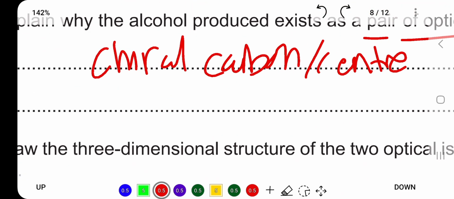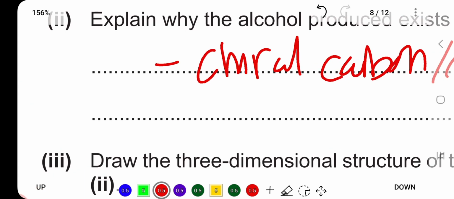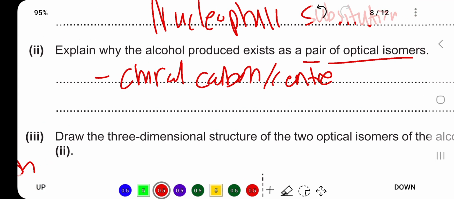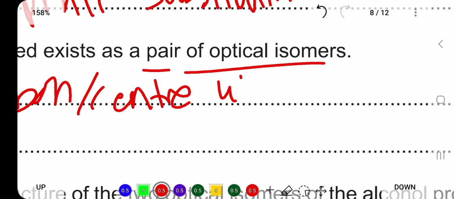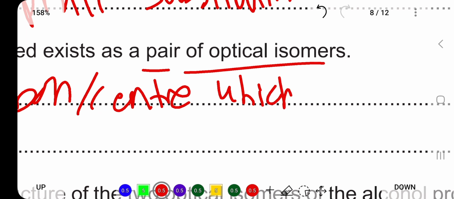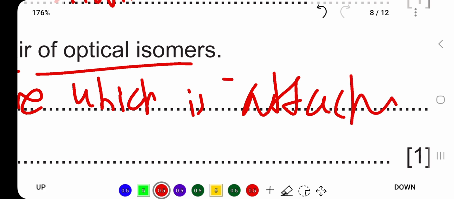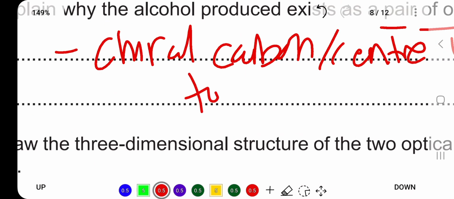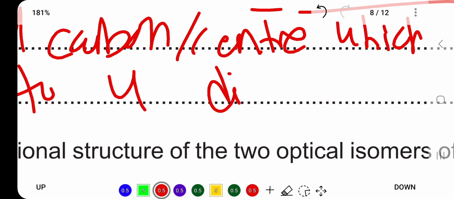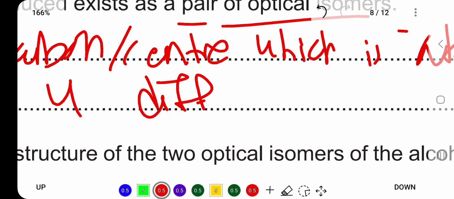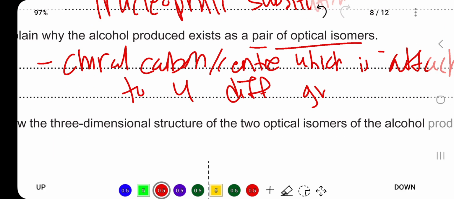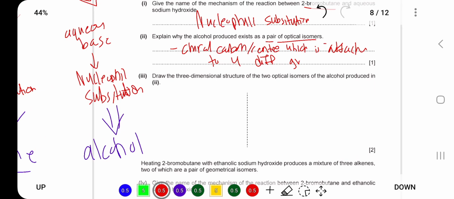Sorry, I was looking at the Mars game. I'm sorry. Chiral carbon or center, which is attached to 4 different groups or atoms or chains. Alright, have I understood?